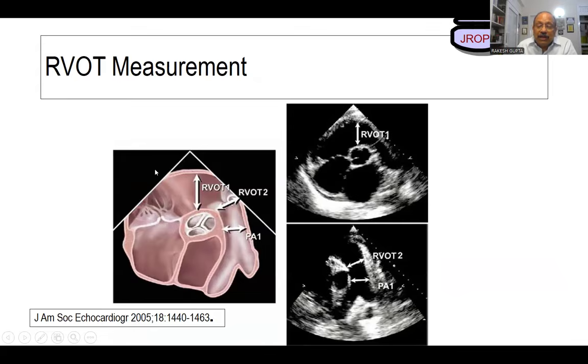So this is one we measure in the parasternal long axis view. This is another one, proximal RVOT dimension. And distal RVOT is at the hinge point of the pulmonic valve. The pulmonary artery just before its bifurcation into left and right pulmonary arteries is the pulmonary artery dimension. Remember, almost 26, 27 is the normal dimension. In the live picture, this is the parasternal short axis at the aorta. This is LA, this is RA, this is the tricuspid valve, this is the RV inlet, this is the outlet, and here is RVOT proximal, here is RVOT distal.